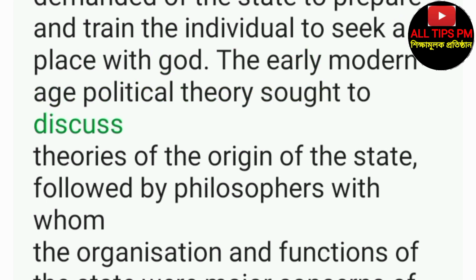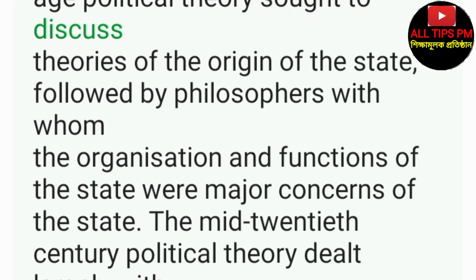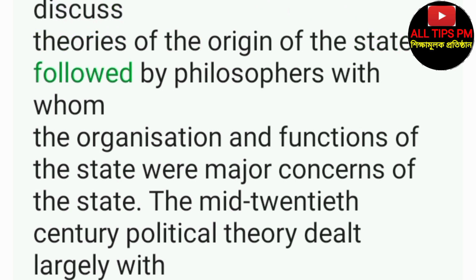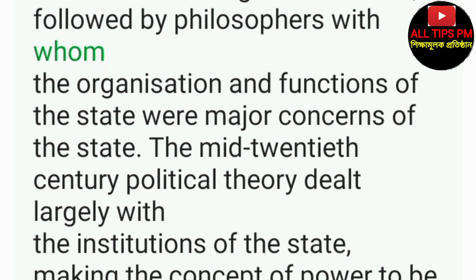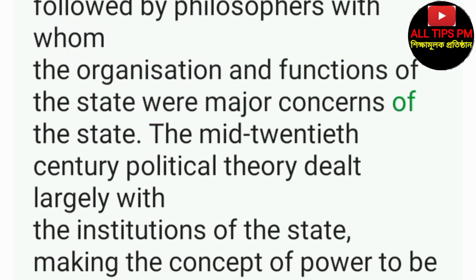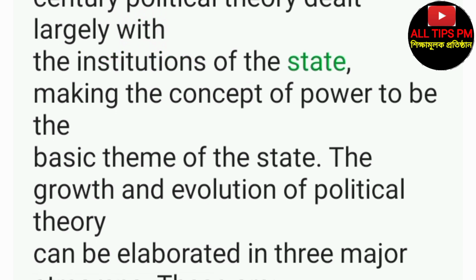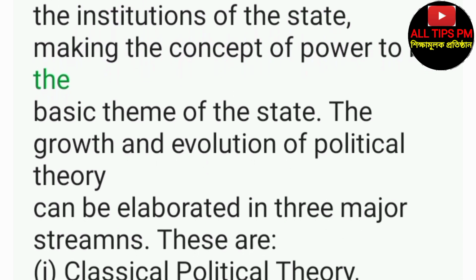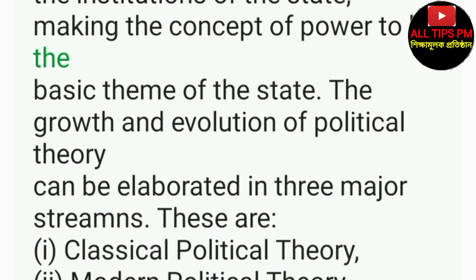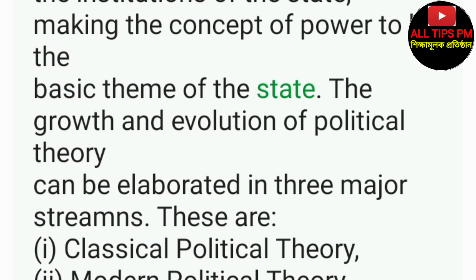The early modern age political theory sought to discuss theories of the origin of the state, followed by philosophers with whom the organization and functions of the state were major concerns. The mid-20th century political theory dealt largely with the institutions of the state, making the concept of power the basic theme of the state.